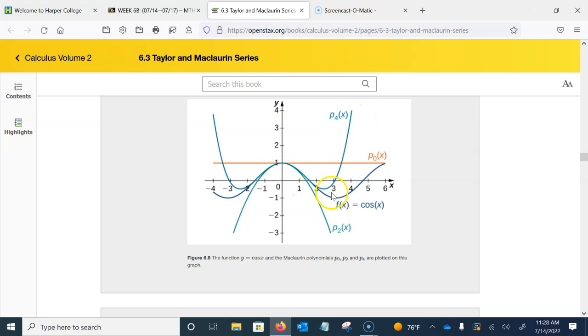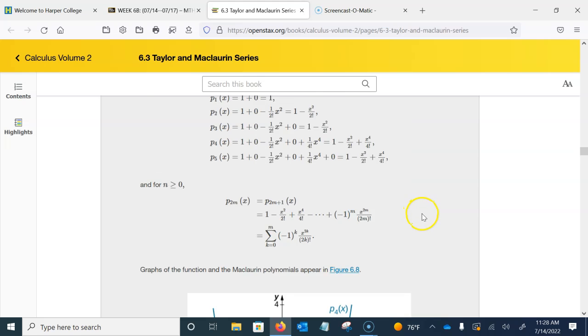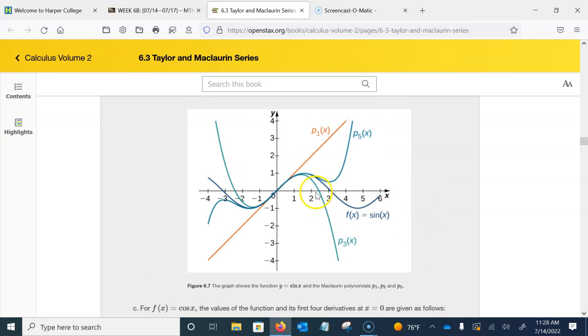So we're using even polynomials to estimate an even function, right? Cosine x is an even function. Here's the sine version. Sine of x is an odd function, and it doesn't surprise us that the polynomials are all odd functions, P1, P3, P5. So it's kind of interesting, it's beautiful, but it shouldn't be too surprising.